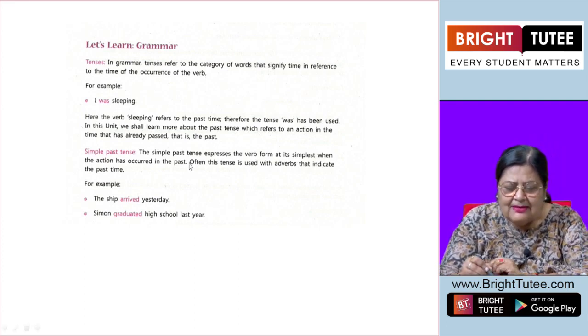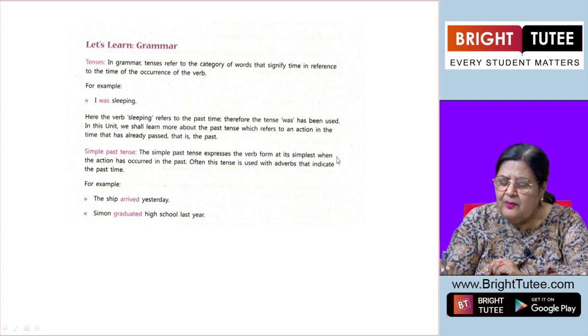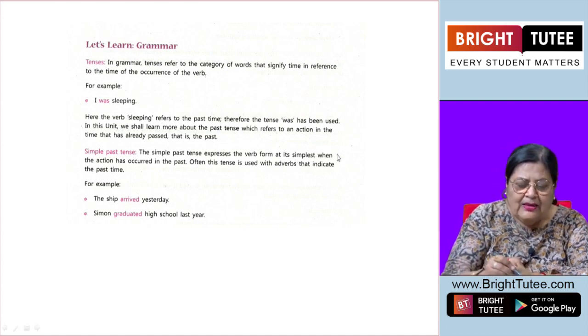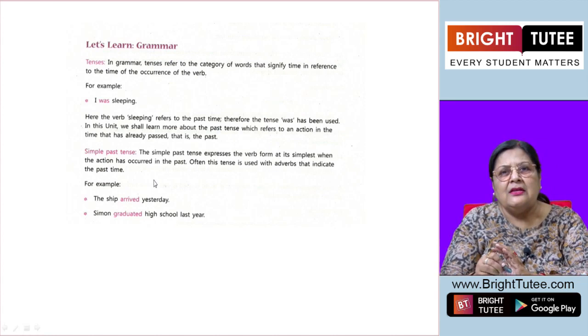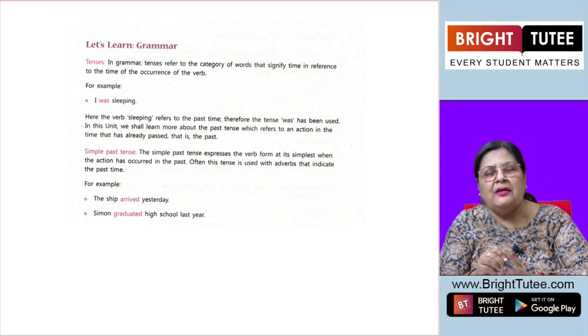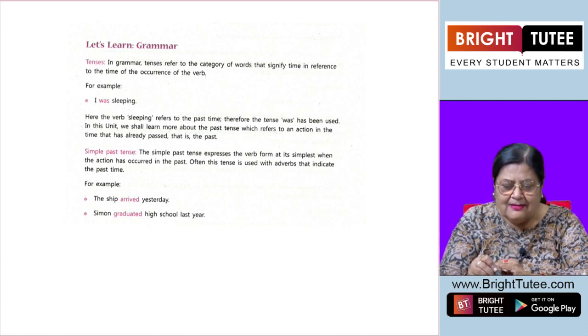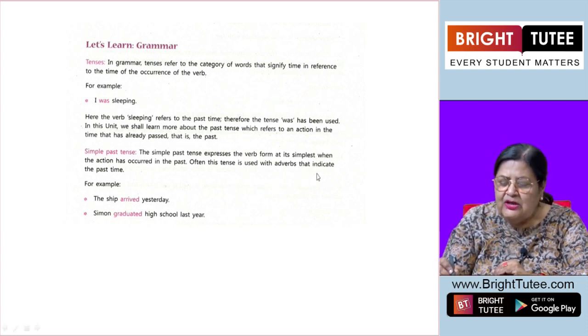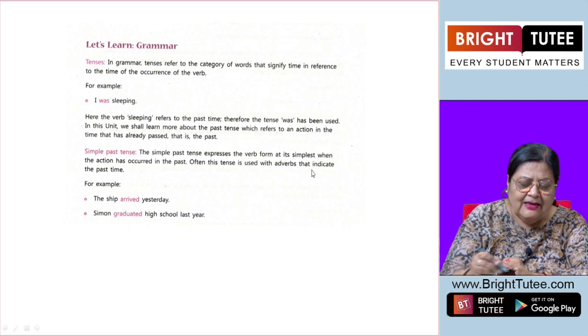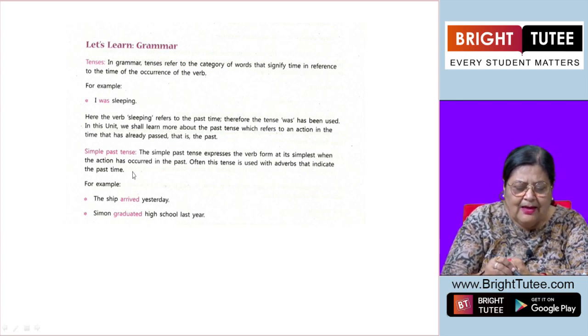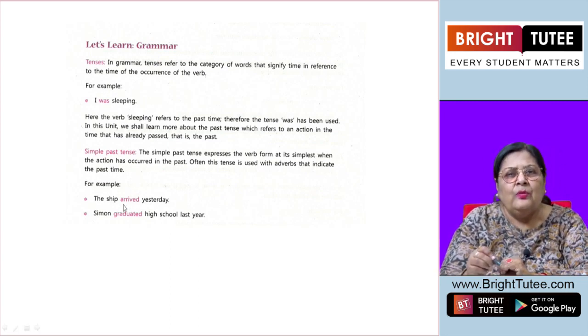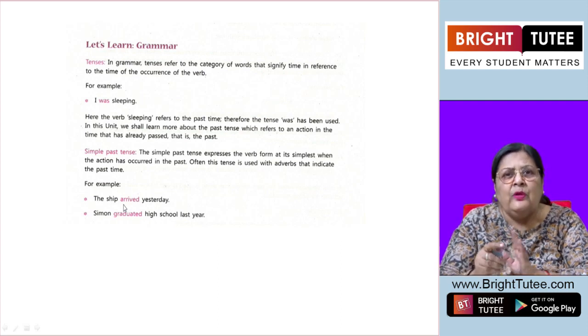So simple past tense expresses the verb form in the simplest way when the action has occurred. When the action has already been done, it has already occurred, that is what is known as past tense. Often in these tenses we use adverbs that indicate the past time. Like we add ed to some of the verbs.